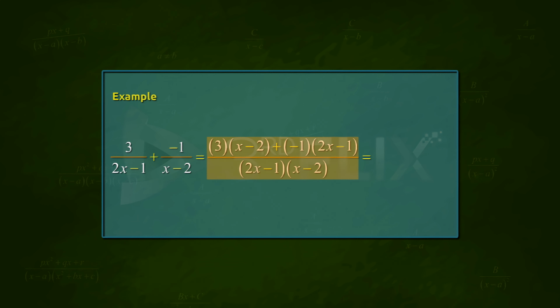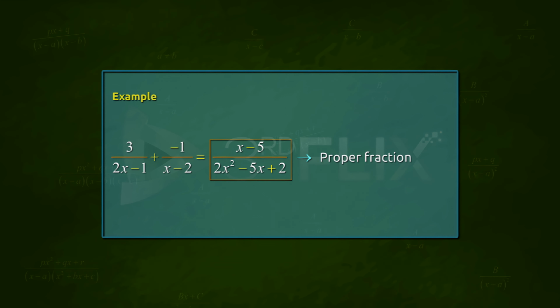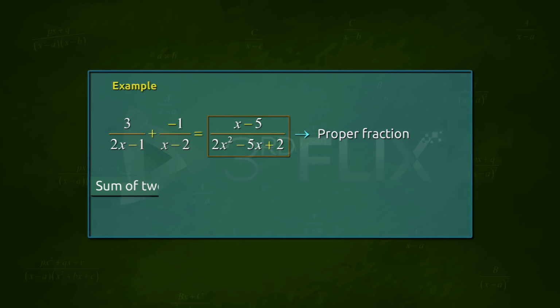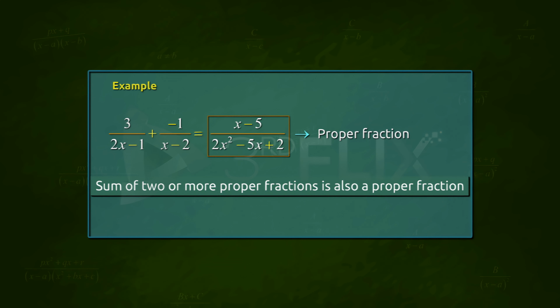Further simplification, we get x minus 5 whole divided by 2x power 2 minus 5x plus 2, which is a proper fraction. Thus, the sum of two or more proper fractions is also a proper fraction.